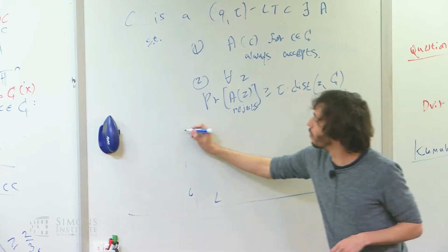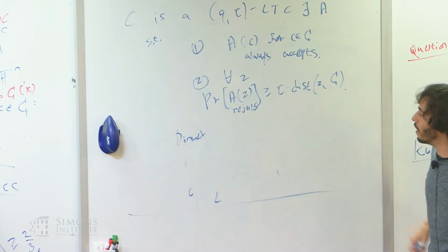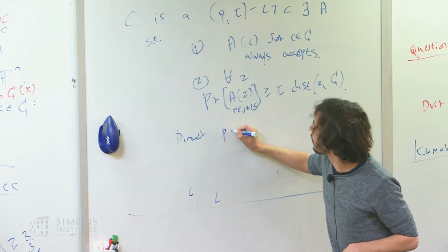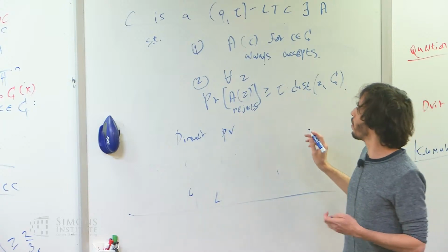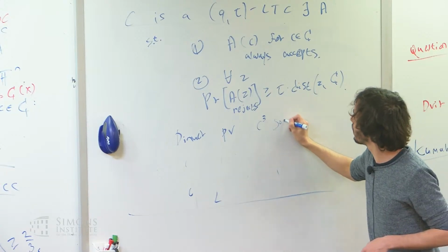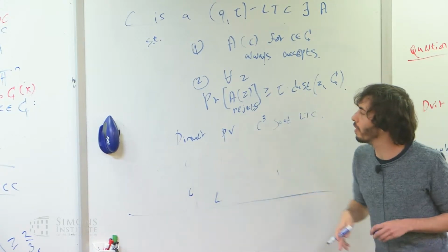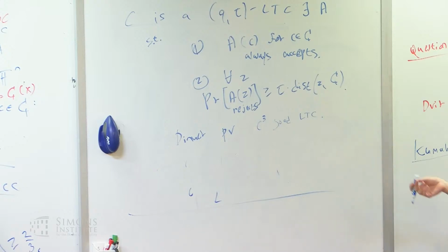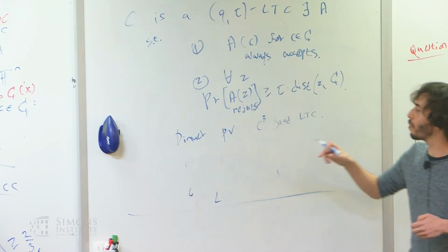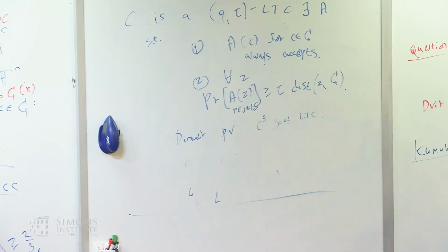So Dinur, Evra, Lubotsky, Lin, Moses, and also Panteleev and Kalachev show that constant rate, good LTCs exist. And also, as an implication from the work by Dinur et al., they can be used to get codes with high rate with poly-logarithmic query complexity.